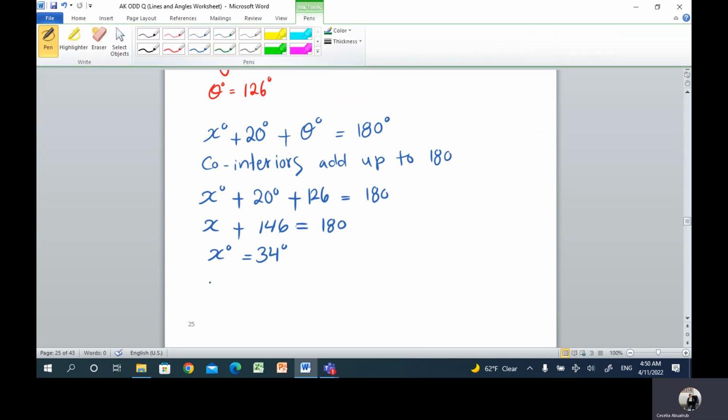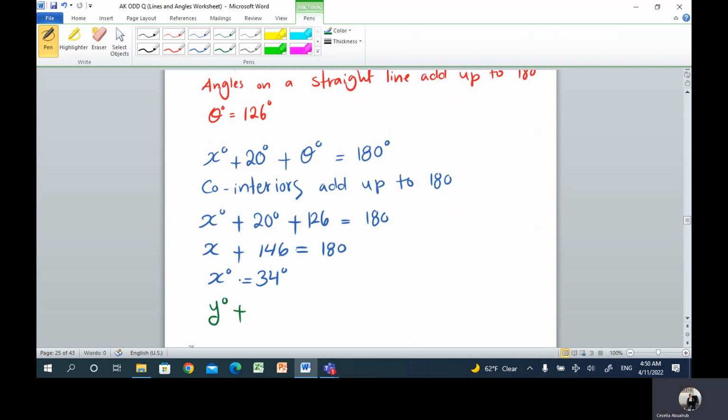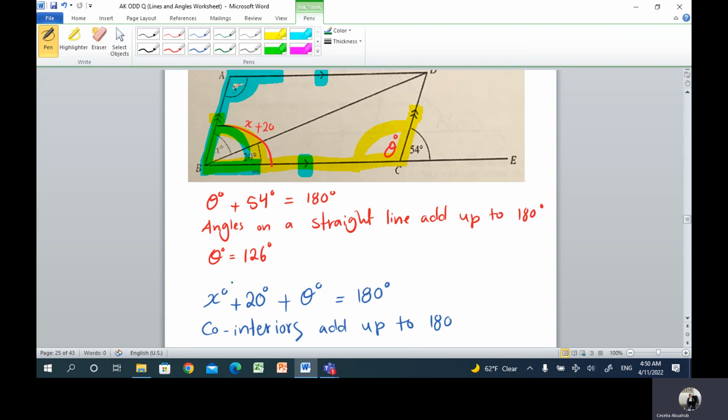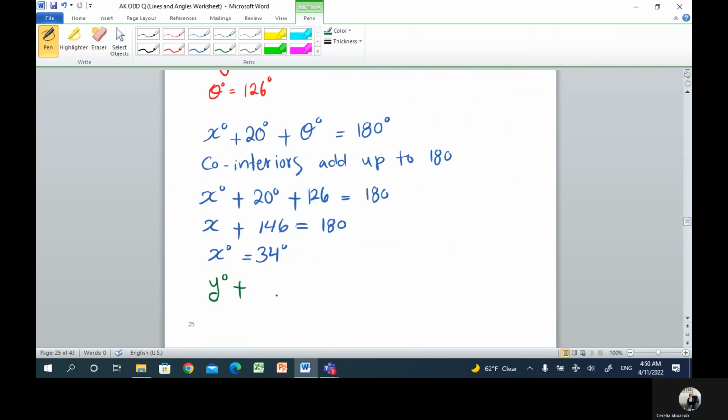So it's y plus x plus 20 is equal to 180 degrees. Again, co-interiors add up to 180 degrees.